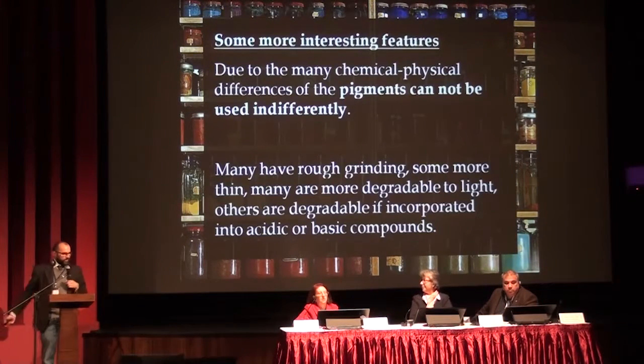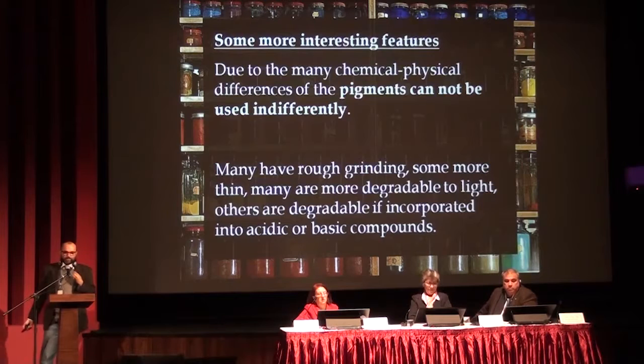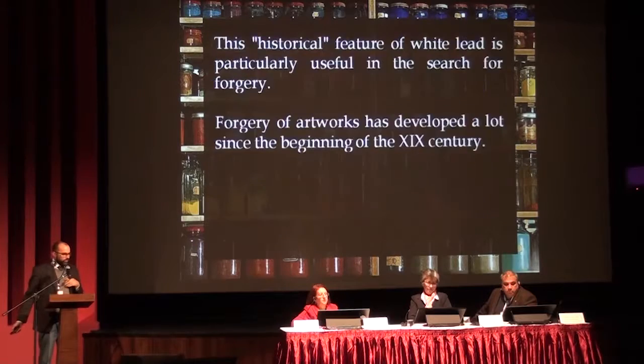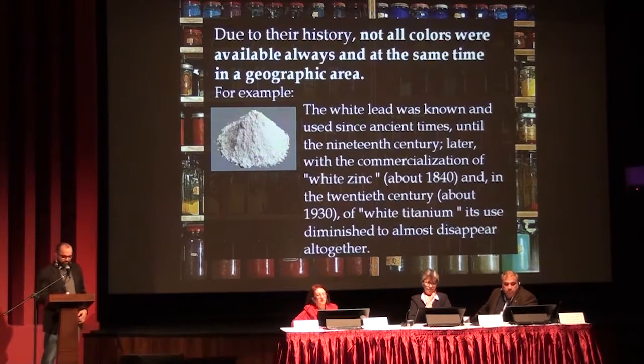So we are talking about mainly physical difference, but we can say also that the pigments are not always available at the same time and in the same area. For example, here we have white lead.